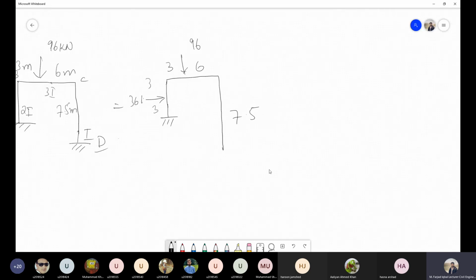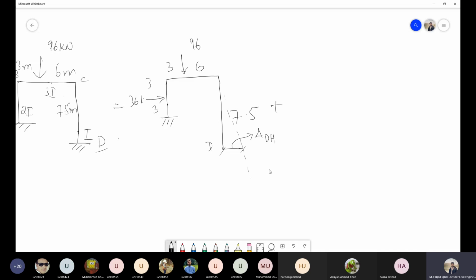So this is our primary structure in which we will have 3 deflections, and about the direction of deflections, just take this deflection in the same direction as you will be taking in the redundant structure. So we will have this as our horizontal deflection. This is D point, so I will call this delta DH.